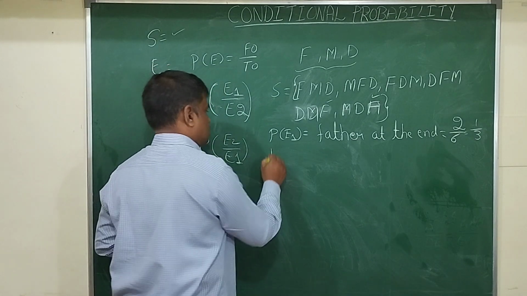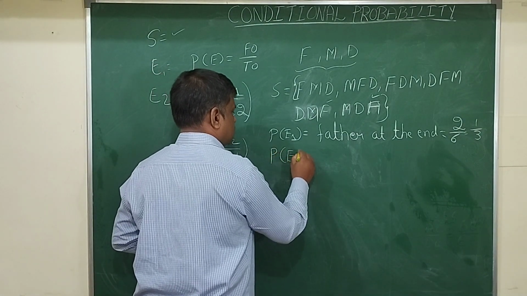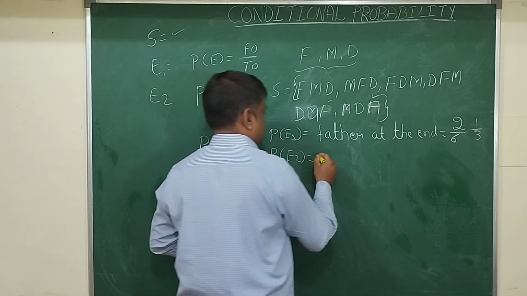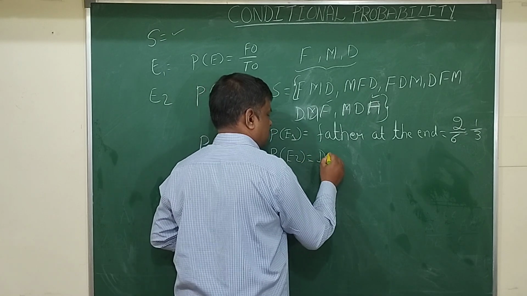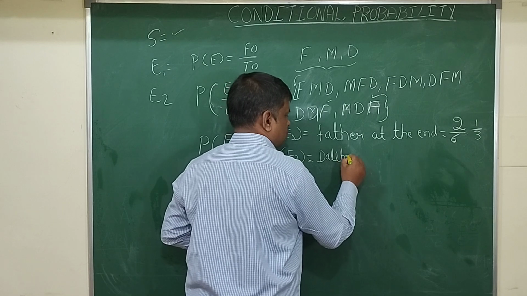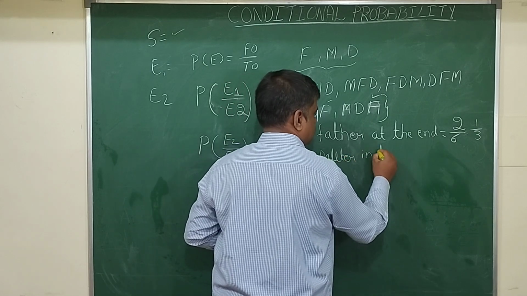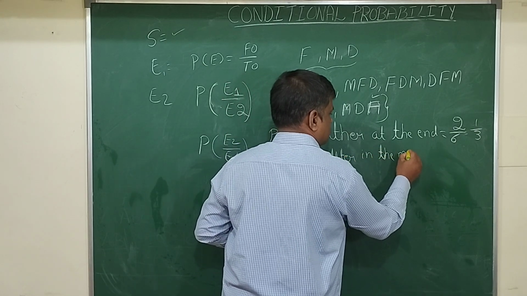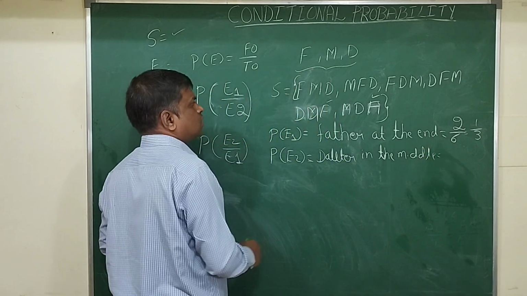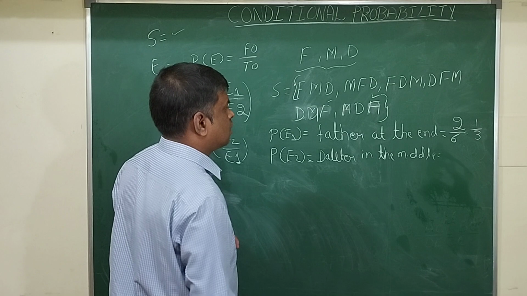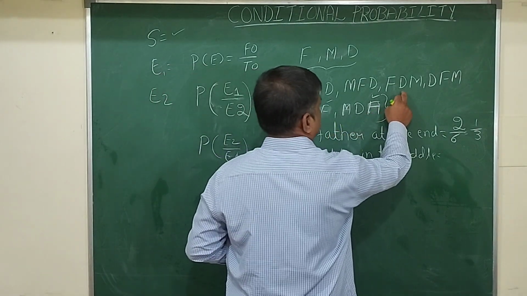Now E2, the definition for this one is daughter in the middle. How many possibilities are there? Daughter in the middle: 1, 2.